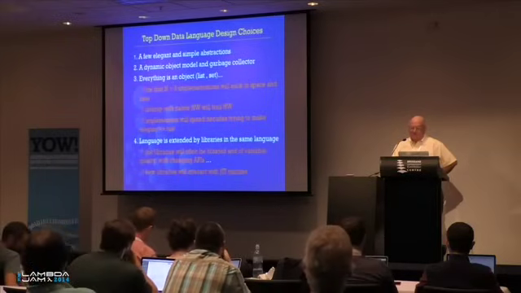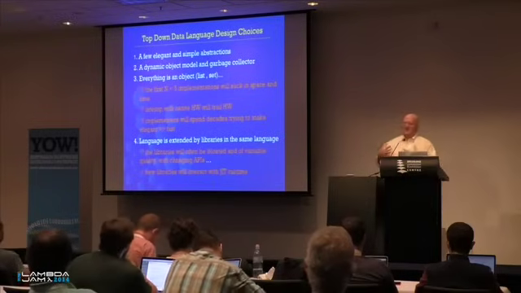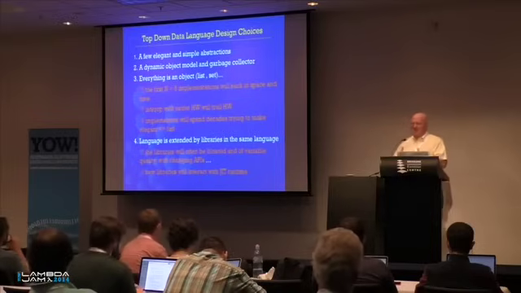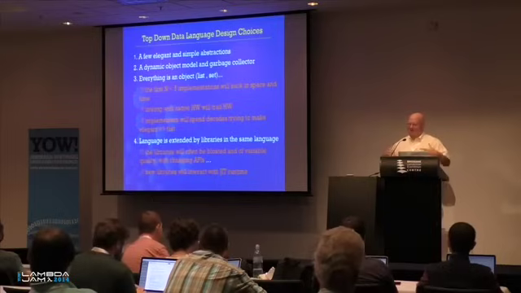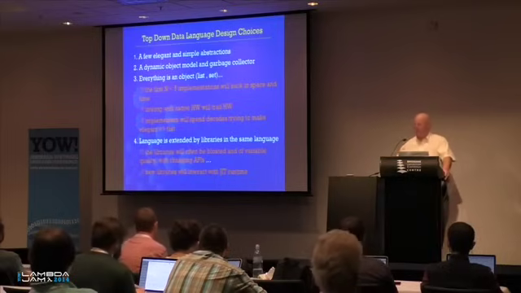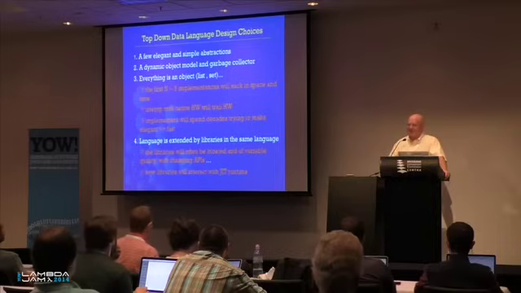So if you actually look at data languages, a data language is a language that's basically together with the data, as opposed to a language where there's a database or some sort of store and a language that talks to it. Most systems today, other than SQL, in fact, many SQL implementations run a lot of the SQL code in the client as opposed to actually running it in the server itself.